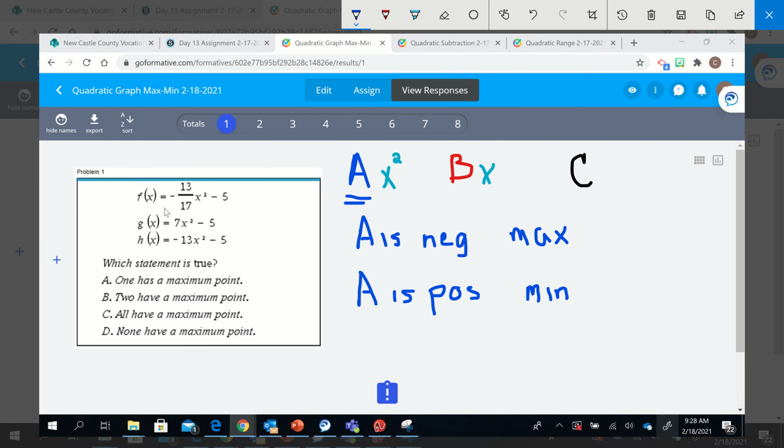So when I look at this particular question, this is my x squared. This x squared is negative, so that means it has a maximum. This coefficient is positive, so this one has a minimum.